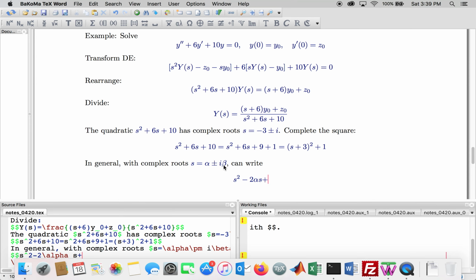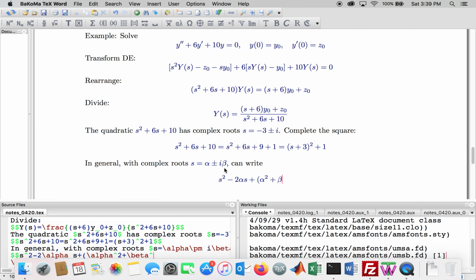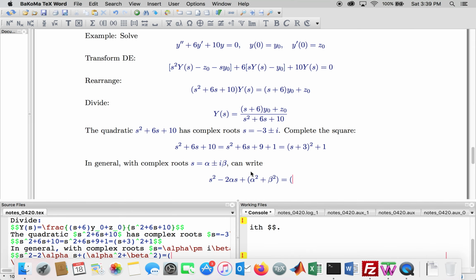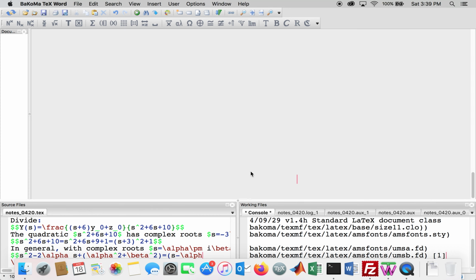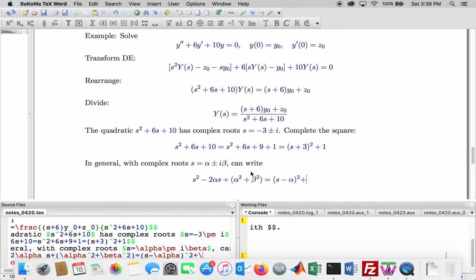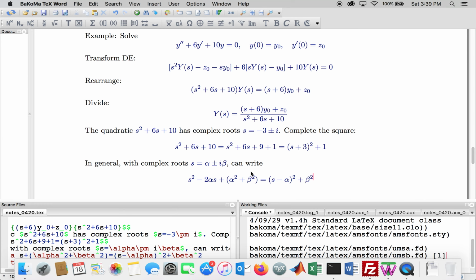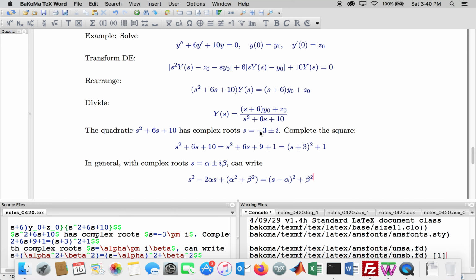And then the constant coefficient is always going to be the real part squared plus the imaginary part squared. So that can always be written as s minus alpha squared plus beta squared. So if you get the complex roots by the quadratic formula, then you can put minus the real part here, and then the imaginary part squared goes here. So this is a form that we will use for the purpose of taking the inverse transform.